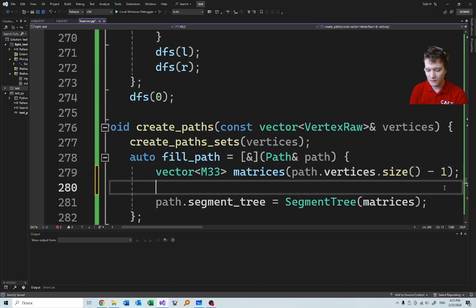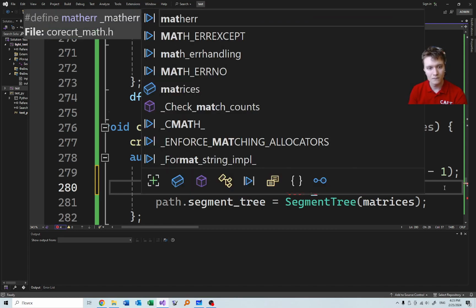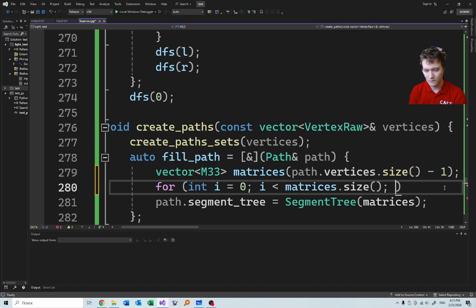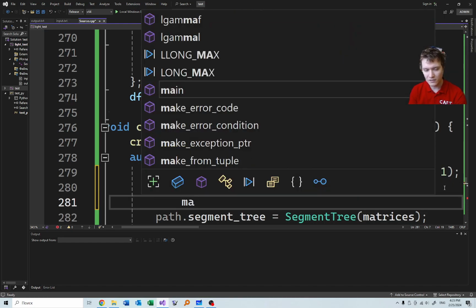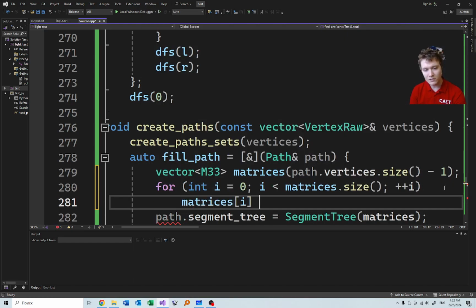Now let's fill it. So what is matrices I? Matrices I is the matrix which is needed to calculate the value in point I. And for that we need to take its children and calculate for them.